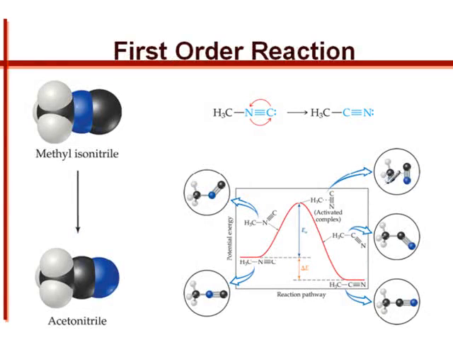Now this is a reaction that we saw from the second presentation. This is a classic first order reaction. This is referred to as an isomerization of methyl isonitrile to acetonitrile. There's a single transition state that it has to go through to get to the product side, and it's governed by first order kinetics.